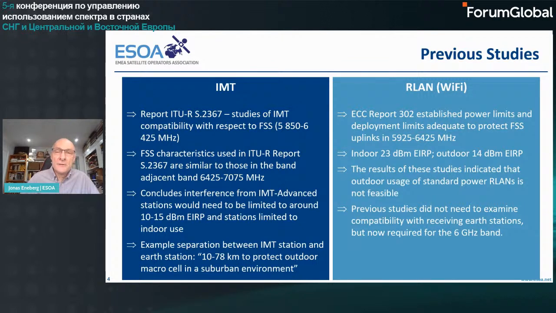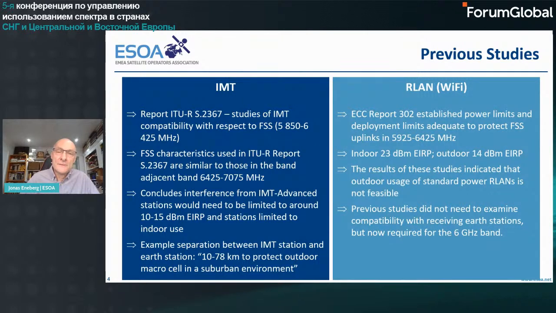With respect to radio LANs, there is an ECC report which has established limits, and this is also for the lower band, but again, the satellite characteristics are the same in the upper band. So the same characteristics would apply also in this band.